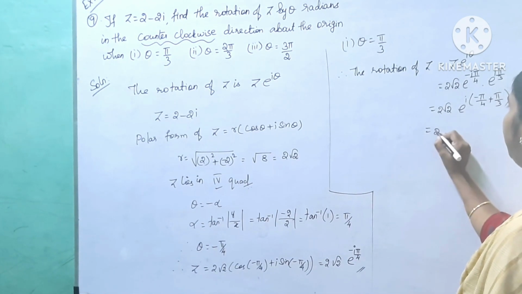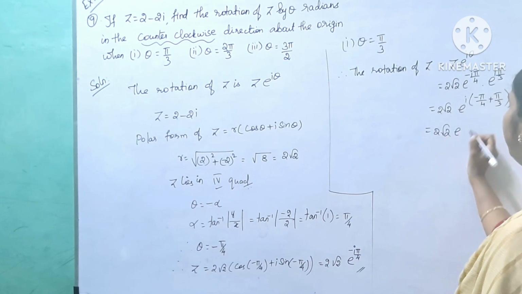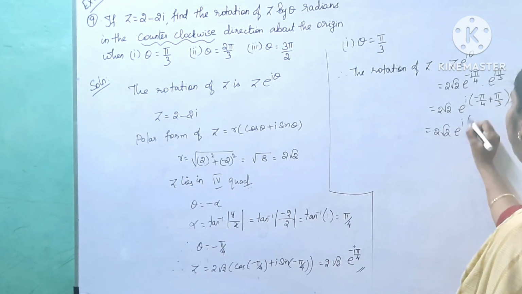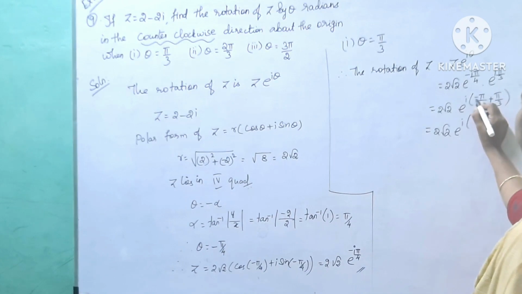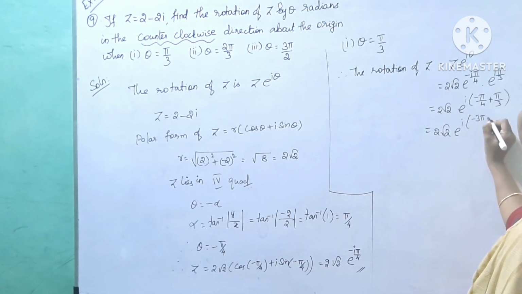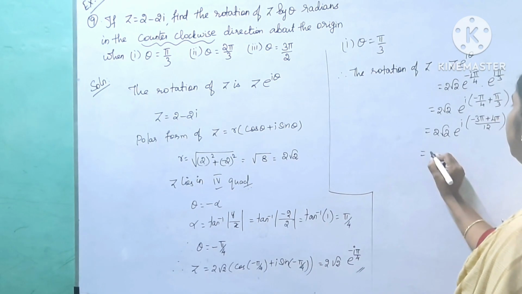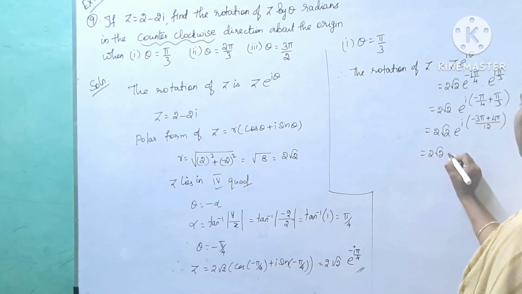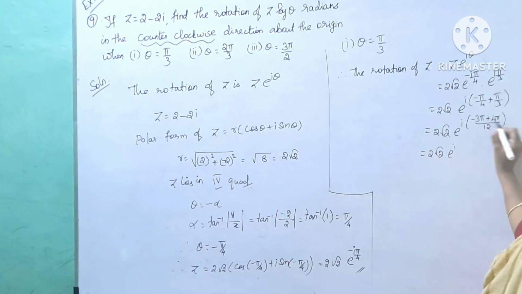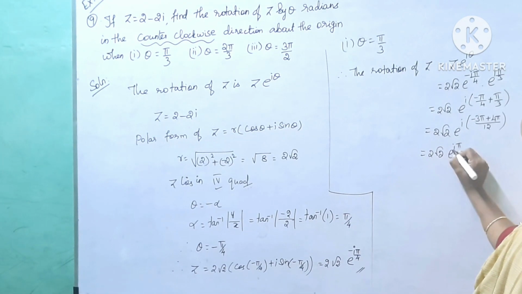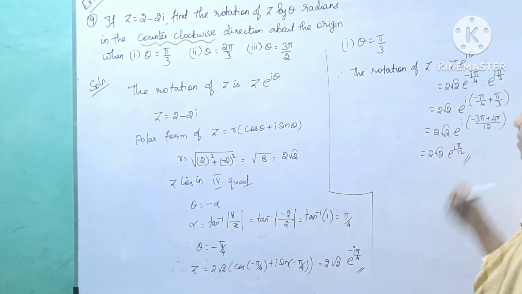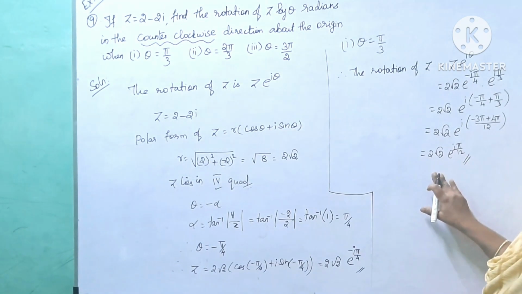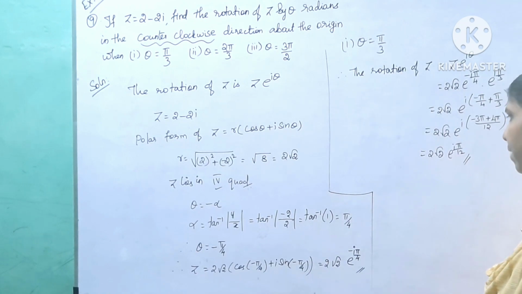So 2 root 2 e power i into, by cross multiplying, this becomes minus 3 pi and this term becomes 4 pi, and the denominator is 12. So this is 2 root 2 e power i times minus 3 pi plus 4 pi, which is pi by 12. This is the rotation of z when the angle is pi by 3.